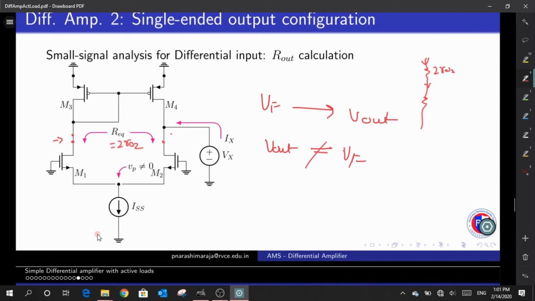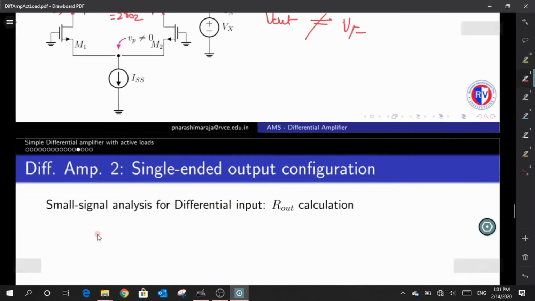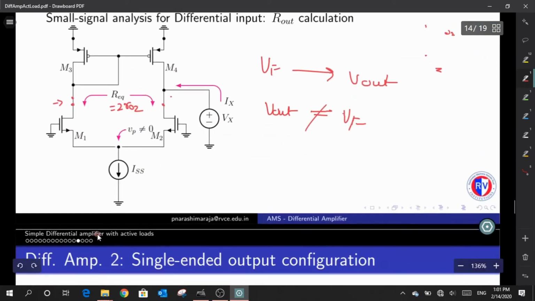Whether this node is directly connected to the ground or connected through a resistance doesn't matter for me. This resistance is always equal to twice the value of RO2 is what I'm arguing. I'm just going to apply that condition, and then that condition would give us, oh, I've not drawn it.